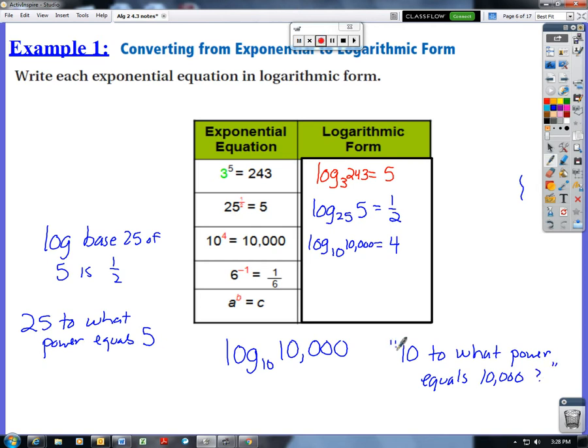I highly recommend writing that down because that's key to understanding what logarithms are. Remember, logarithms are exponents. What power? That's an exponent. That's what you're trying to figure out. Of course, in this problem, you already knew it was 4. But 10 to the 4th is 10,000, right?